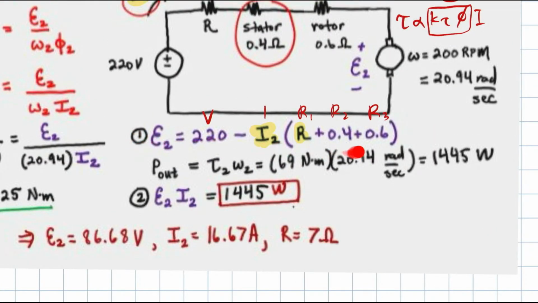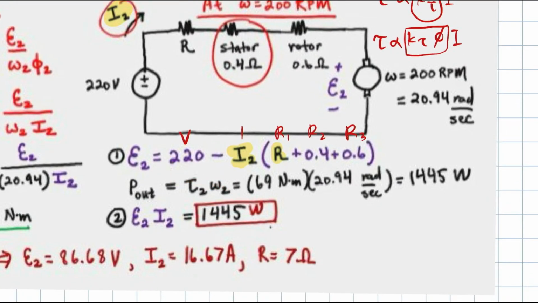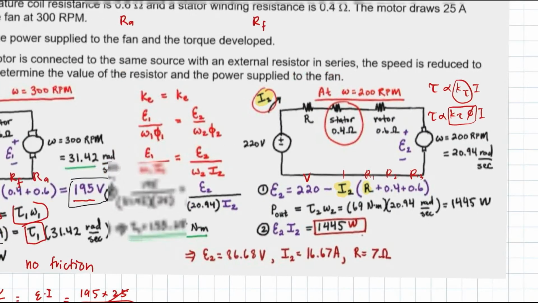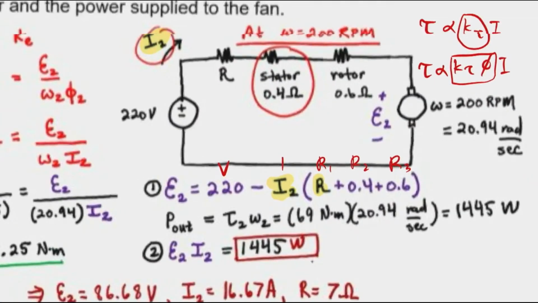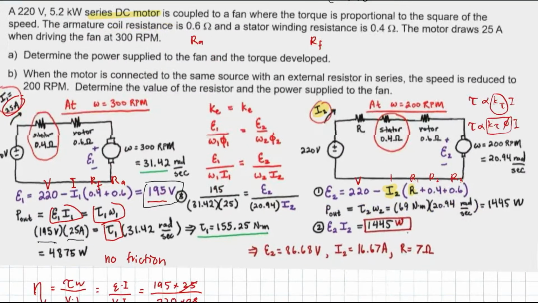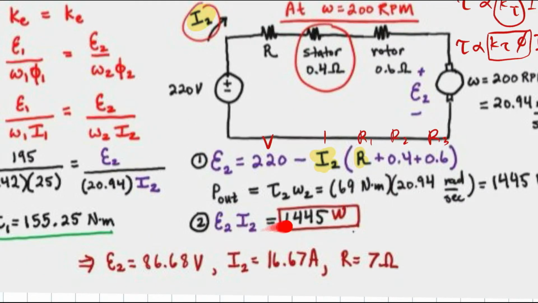So this is the first equation. This is the second equation, E2 I2. We multiply from the EMF, 1445. How do we know this answer? Oh, where do we find this? It hasn't said yet. Maybe I skipped steps. Sorry, so this one later, not yet.